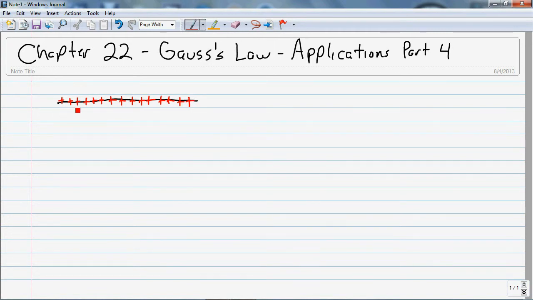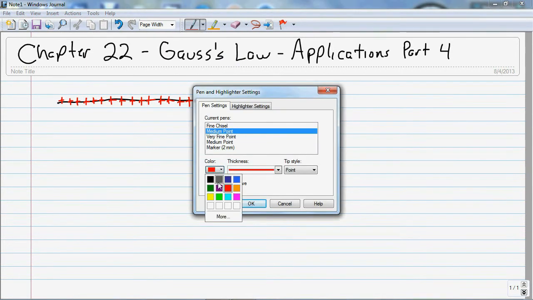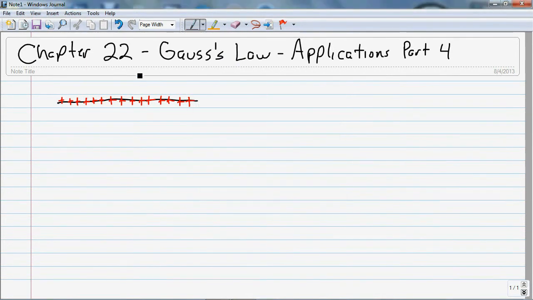And since it's linear, that means that there can be no horizontal electric fields. They're all going to cancel each other out. The only electric field that we're going to have is going to be radially out in all directions.